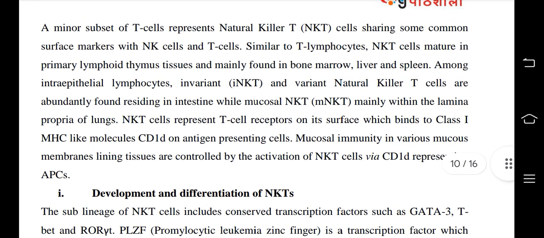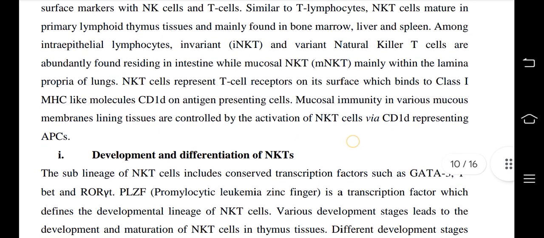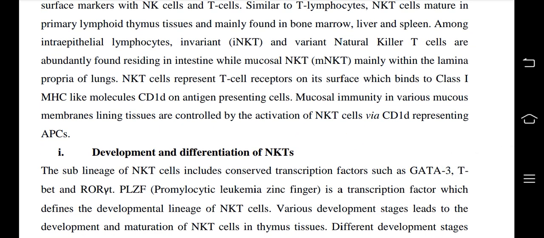A minor subset of T cells represent natural killer T cells, NKT cells, sharing some common surface markers with NK cells and T cells. Similar to T lymphocytes, NKT cells mature in the primary lymphoid thymus tissue and are mainly found in bone marrow, liver, and spleen. Among intraepithelial lymphocytes, invariant iNKT and variant natural killer T cells are abundantly found resident in the intestine, while mucosal NKT, mNKT, are mainly within the lamina propria of lungs.